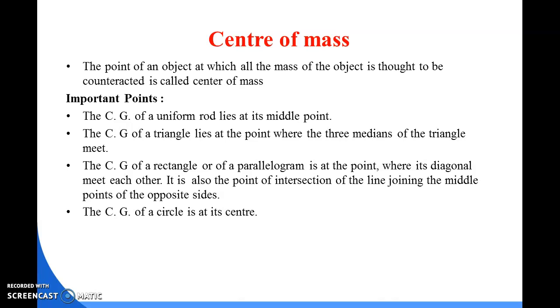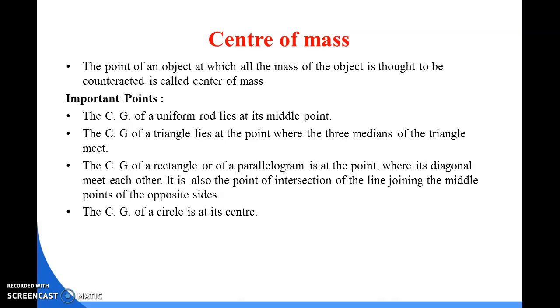There are some important points we have to remember. The CG of a uniform rod lies at its middle point. The CG of a triangle lies at the point where the three medians of the triangle meet. The CG of a rectangle or a parallelogram is at the point where its diagonals meet each other.